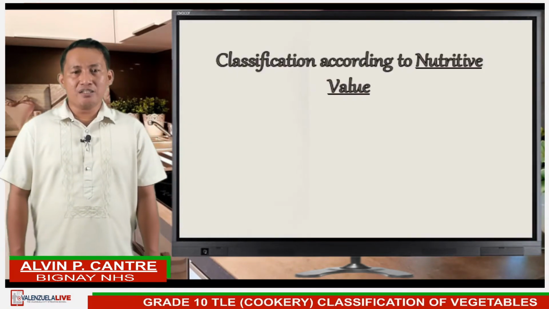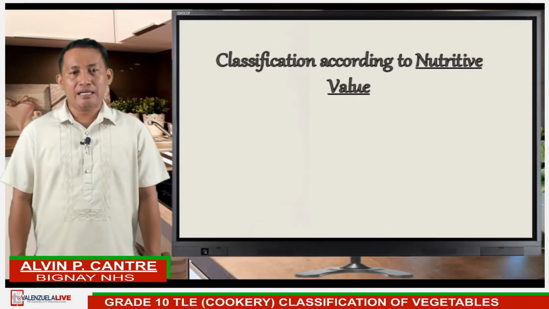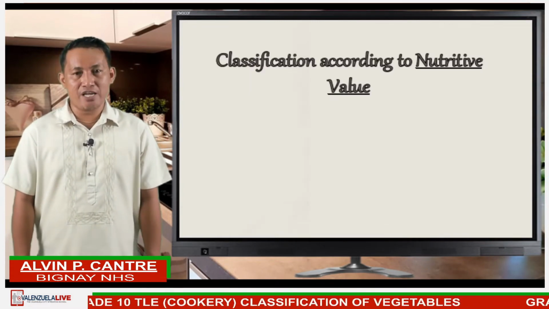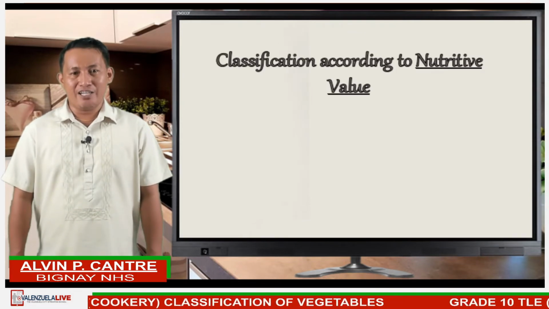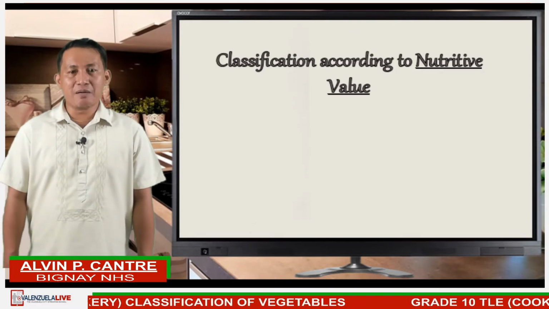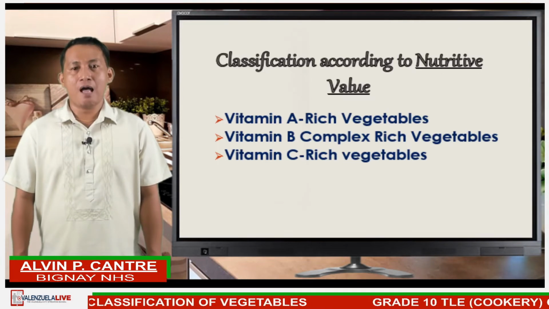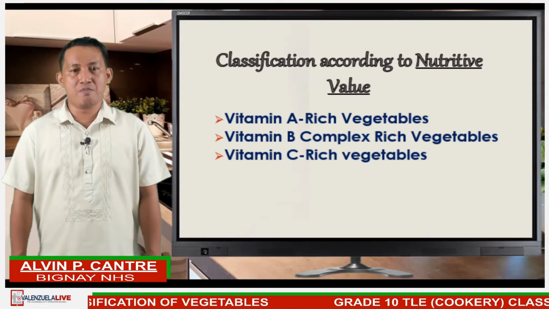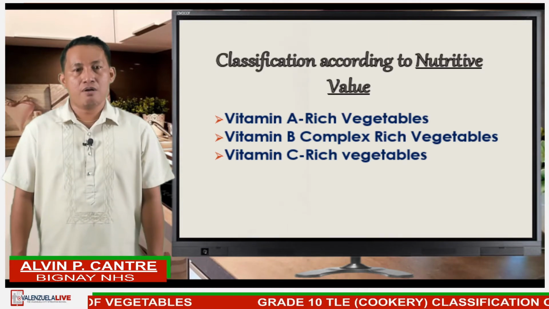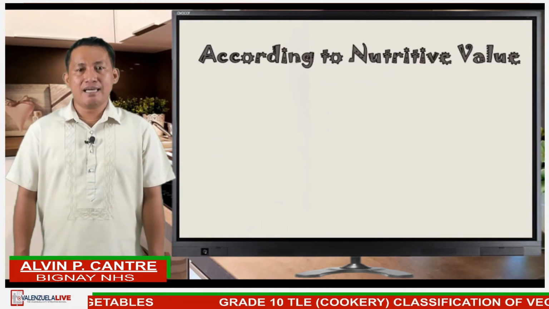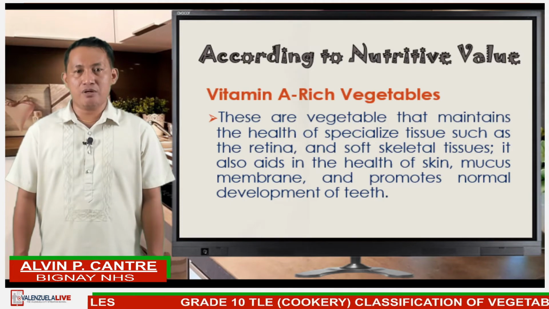Now that we are done with the second classification, let's now move to the third classification, which is according to nutritive value. Under here are vitamin A rich vegetables, vitamin B complex rich vegetables, and vitamin C rich vegetables. First on the list is vitamin A rich vegetables.